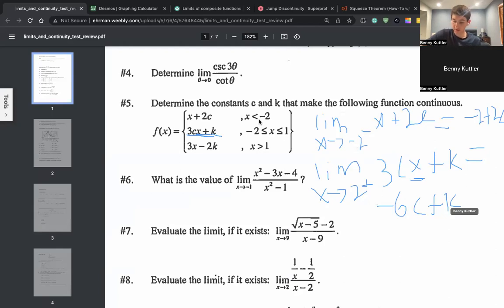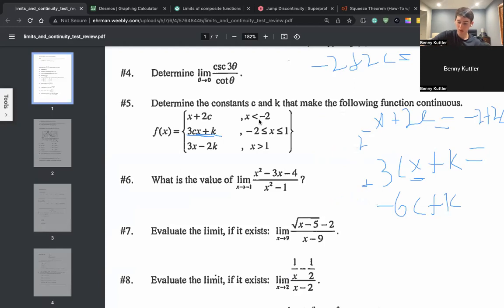So now we know that -2 plus 2c equals -6c plus k. So we'll keep that up here for use later.